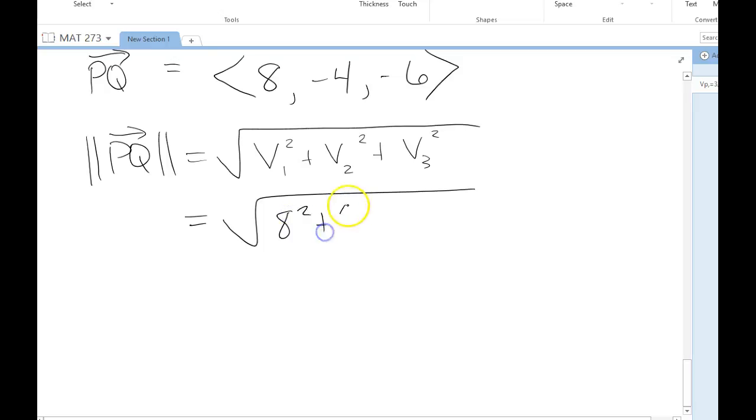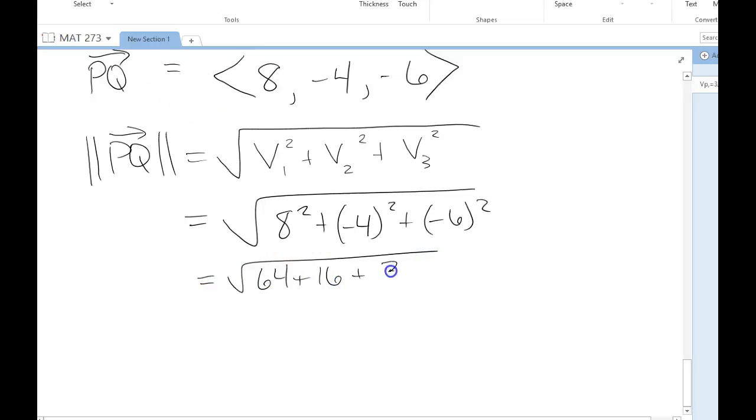So we've got 8 squared plus negative 4 squared plus negative 6 squared, which does simplify. We get square root 116.